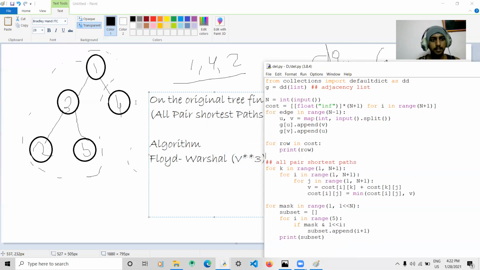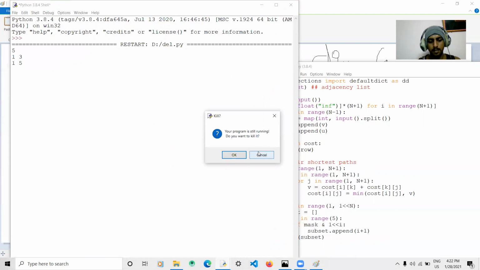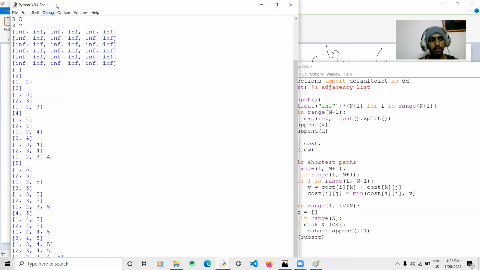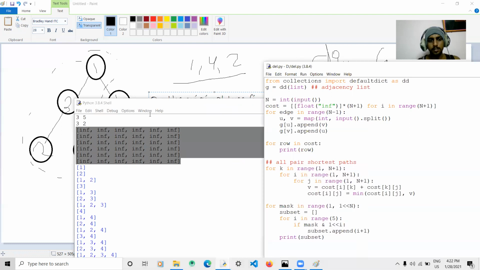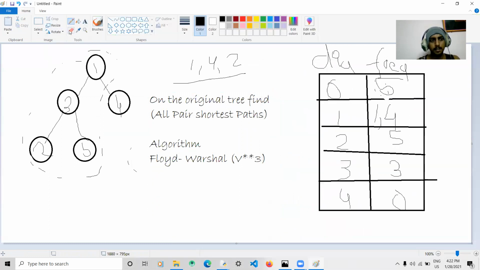As you can see, your cost is infinity, but the distance between 1 and 3, which is an edge that will be given, is 1.